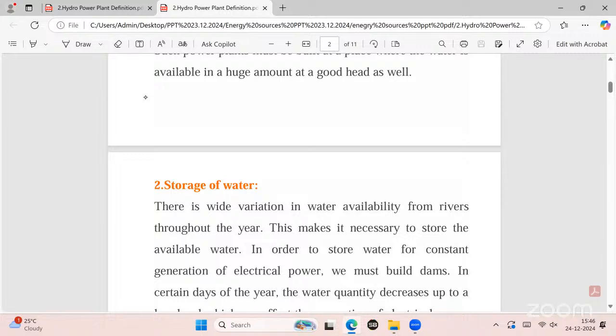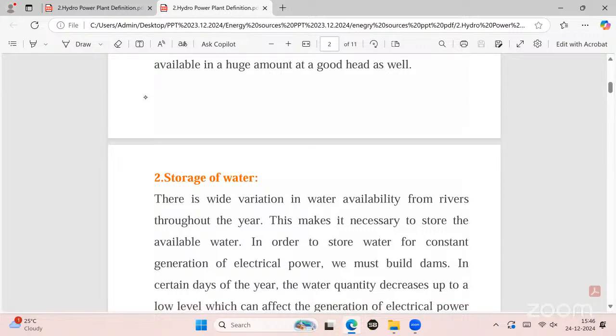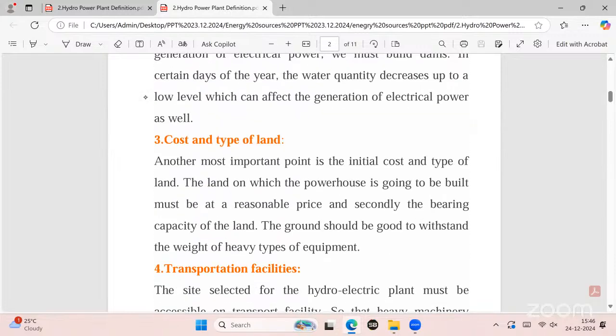How to store the water? We have to construct a dam. It is very important before installing the plant. Third, cost and type of land.